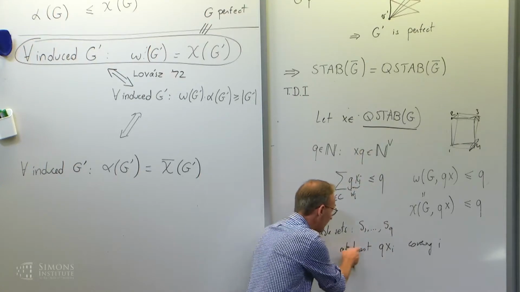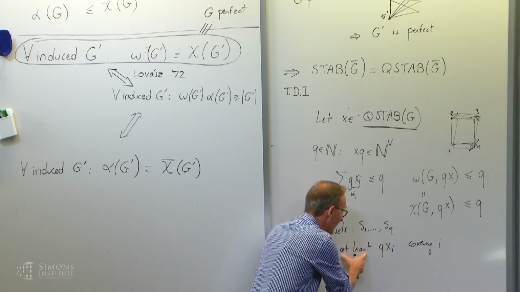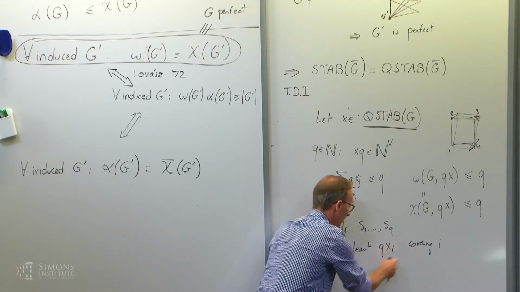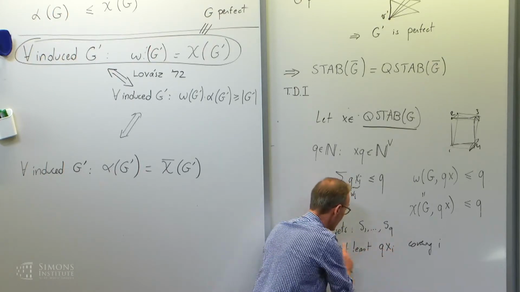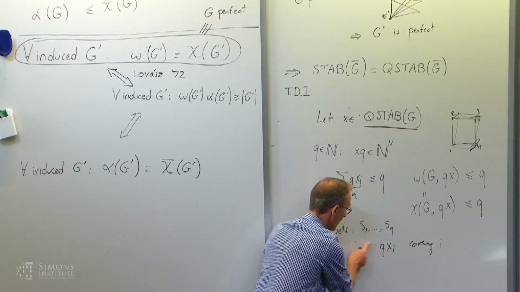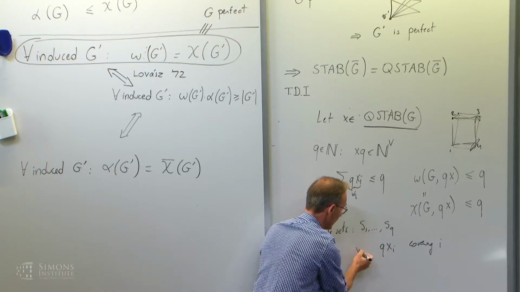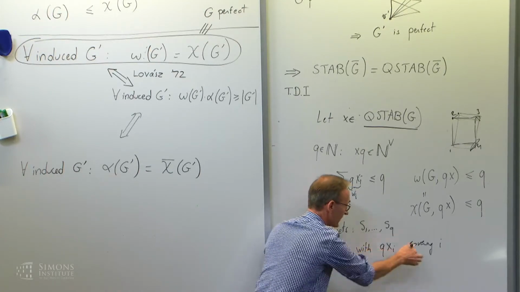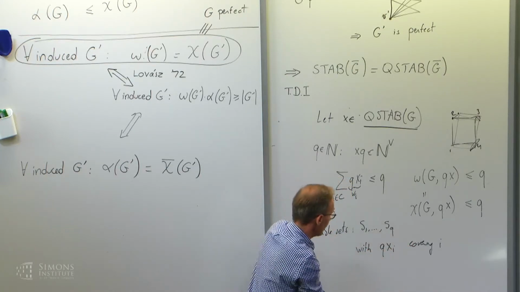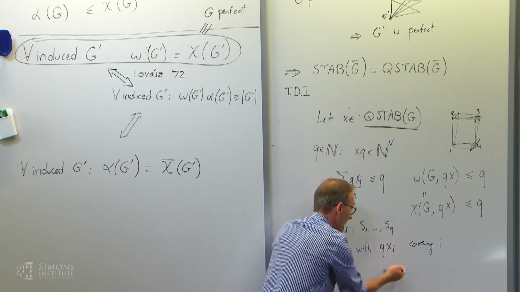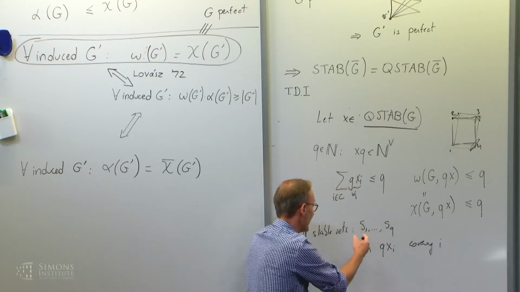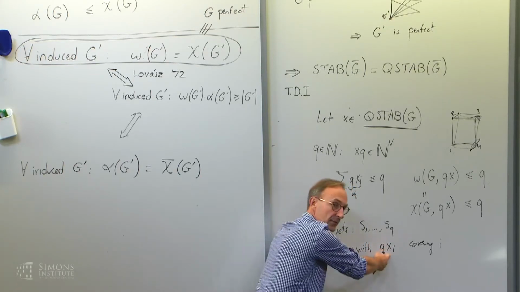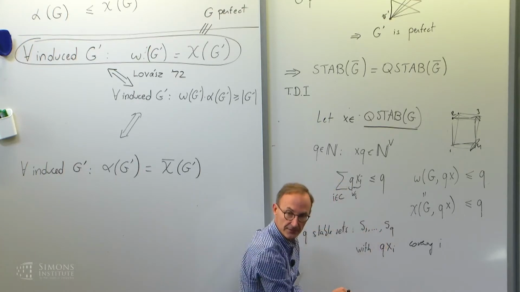Now, if I have more than that covering, I can remove some vertices from some of the stable sets to have equality. So I could say, with q x_i stable sets covering i. But if I have q x_i stable sets covering i, when I divide by q, it means that I have a convex combination of stable sets giving me x.